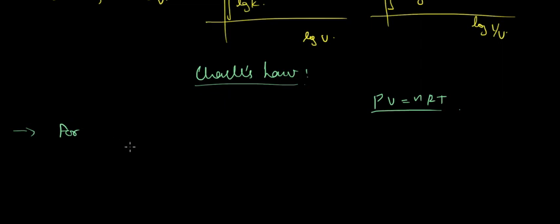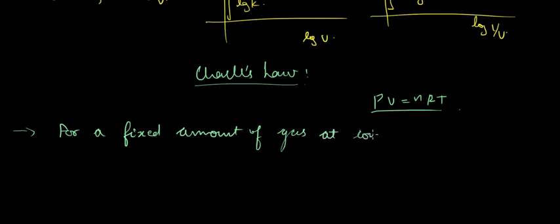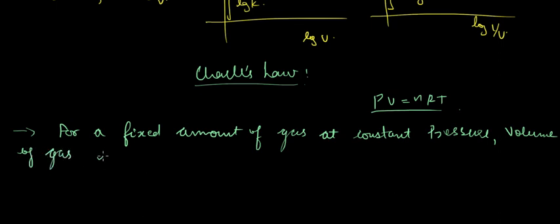So let me write down the statement first: for a fixed amount of gas at, let's say, constant pressure, volume of gas is directly proportional to the temperature of gas.